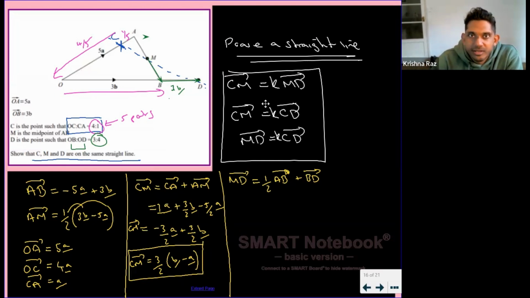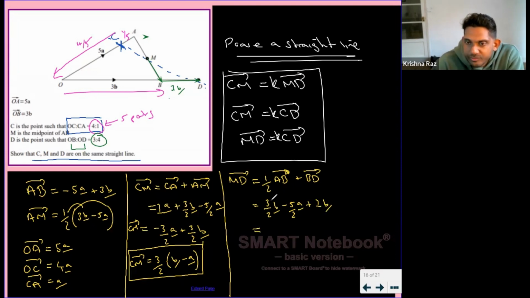So you get the double whammy there. Half of AB is obviously the same as AM. So we're going to have 3 over 2B minus 5 over 2A plus BD, and BD was 1B.